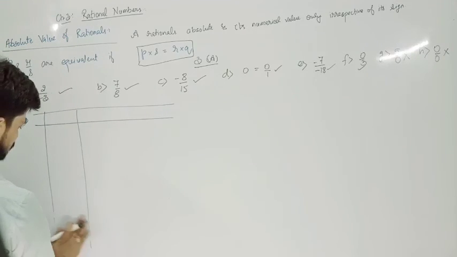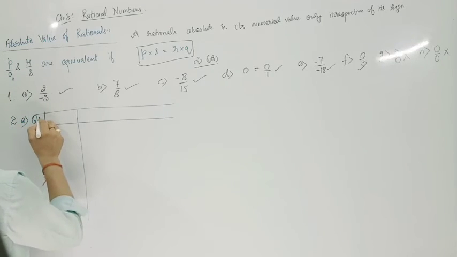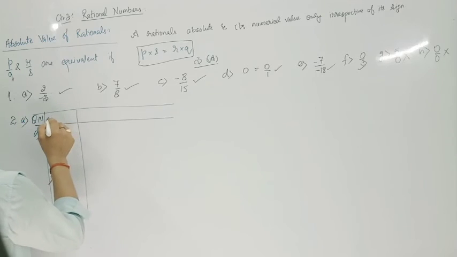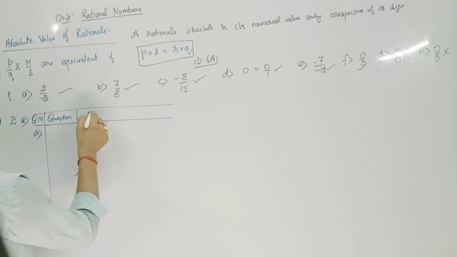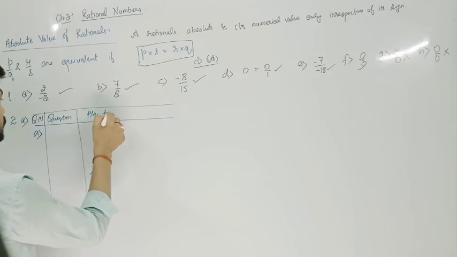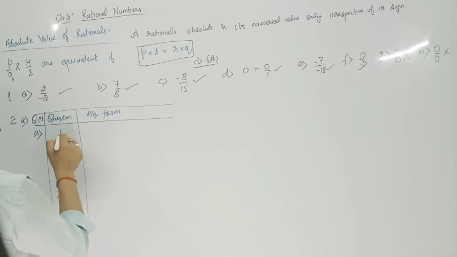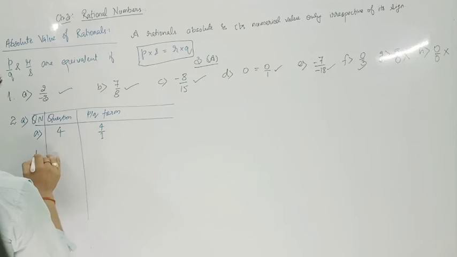Question A, here is the P by Q form. First is 4. You can write 4 by 1.